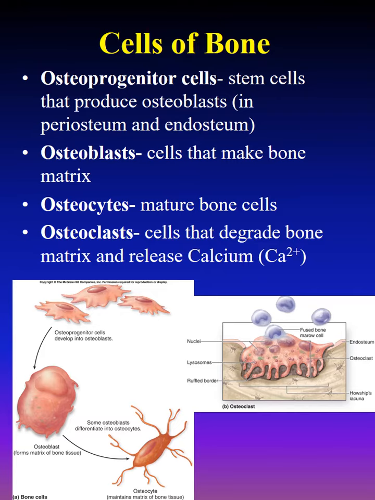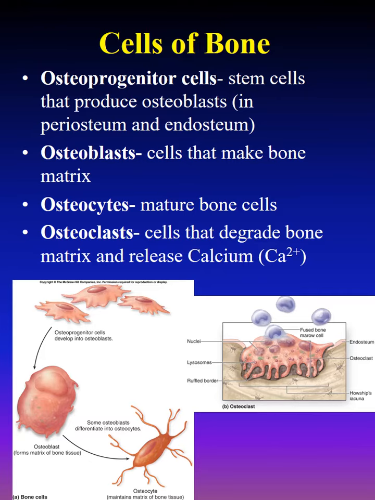Osteoclasts are going to be large, and they'll have many nuclei, and they also are going to be phagocytic. They are derived from fused bone marrow, and due to their size, they have an increase in surface area that allows them to be involved in bone resorption.